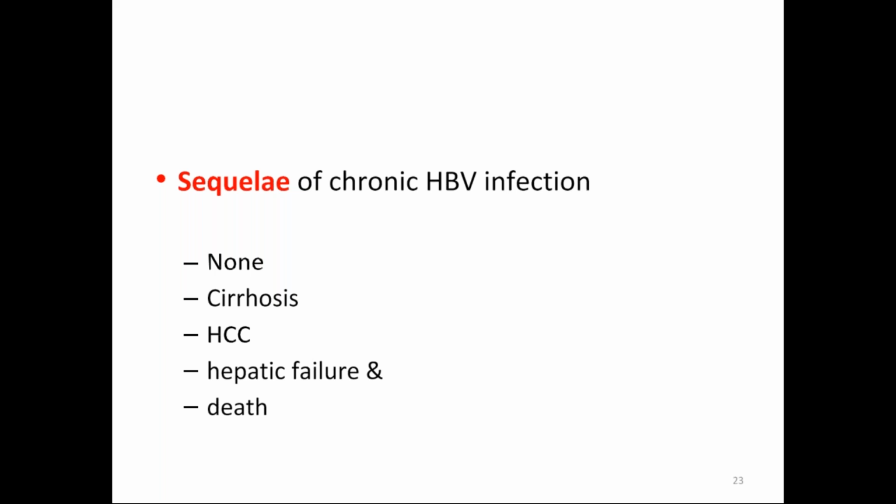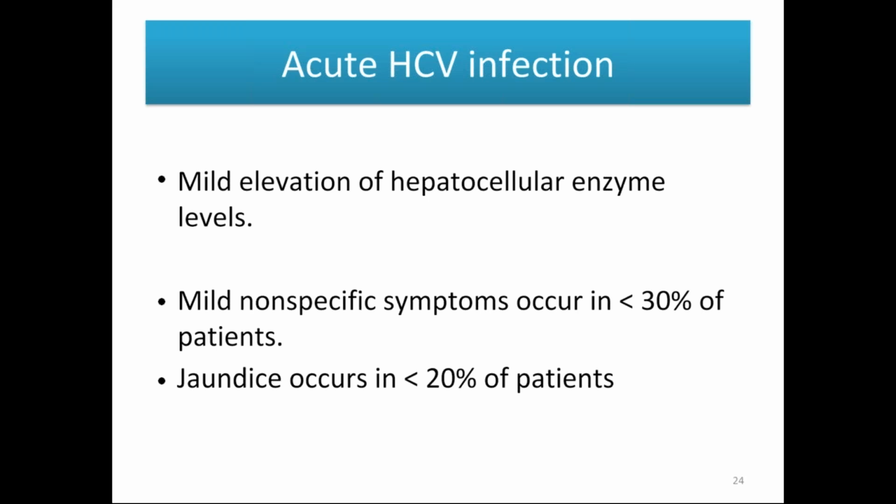Of these three, always remember hepatitis C is more rapid, more aggressive in nature compared to hepatitis B. Hepatitis C will cause cirrhosis in most patients. Going to acute HCV infection, that is hepatitis C infection, the pathophysiology and everything is the same.